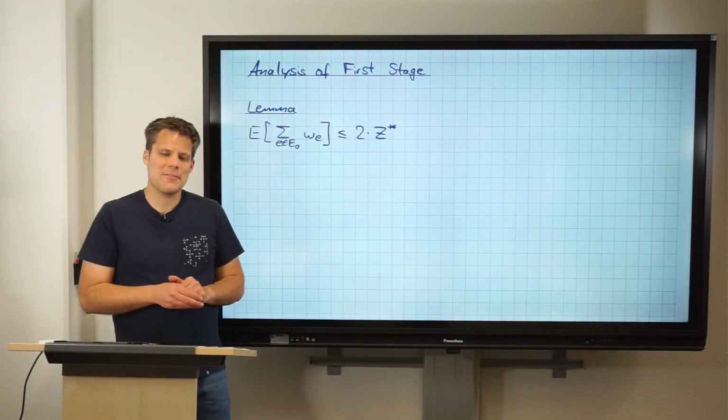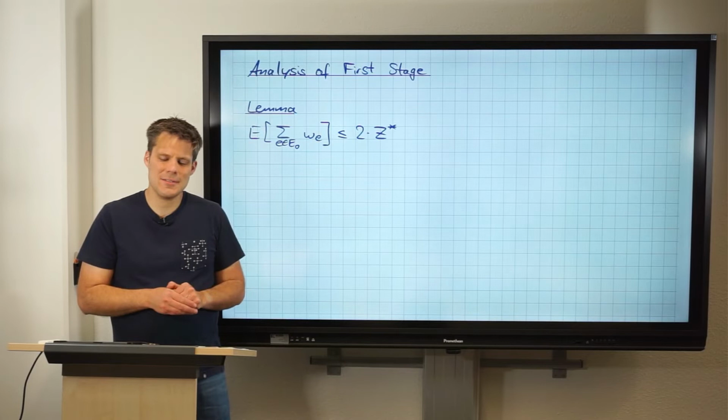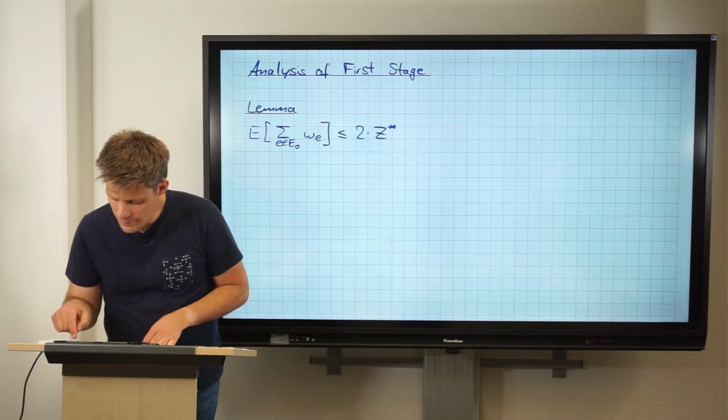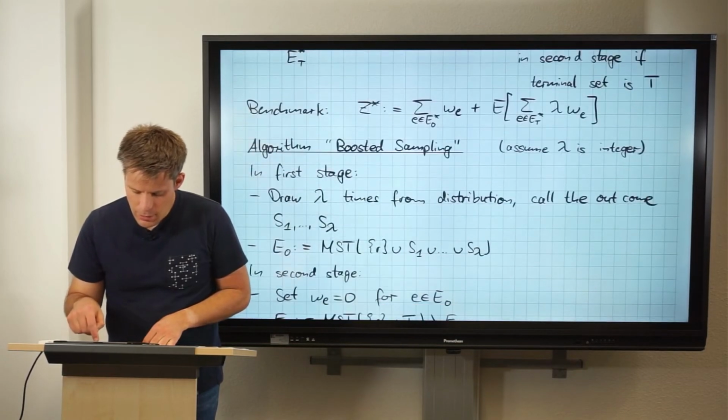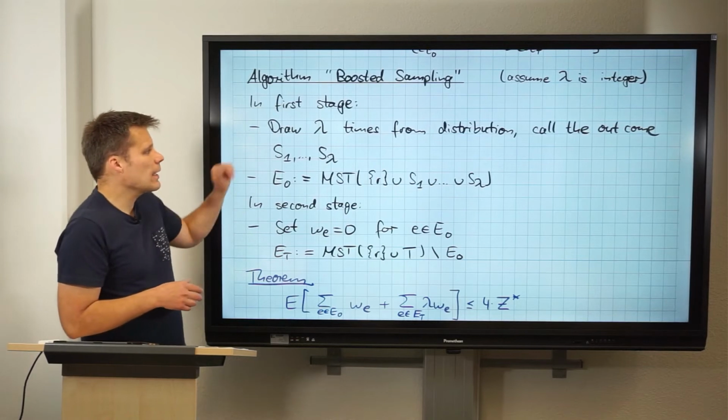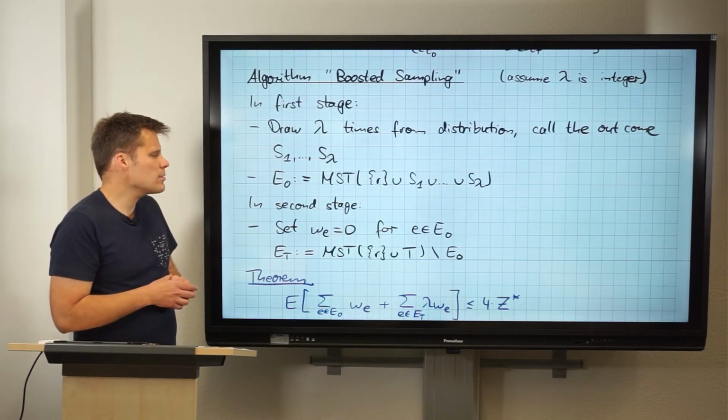Let's now talk about the first stage. How did this first stage work? Let's maybe go back to our algorithm. Our algorithm said, okay, we draw lambda times from the probability distribution.